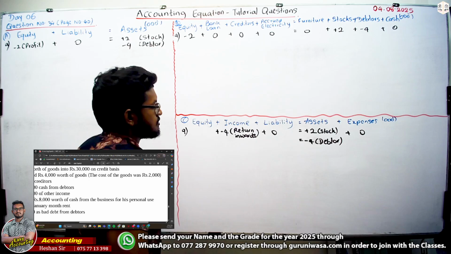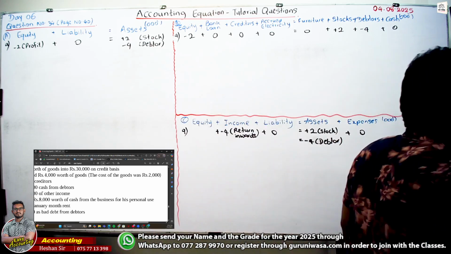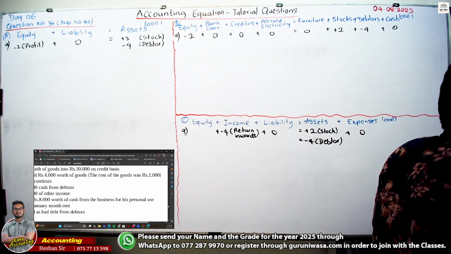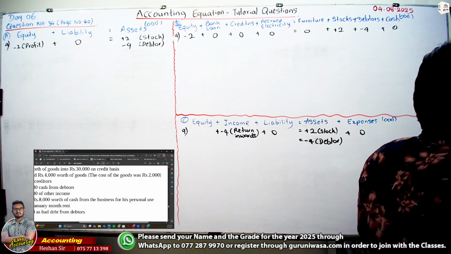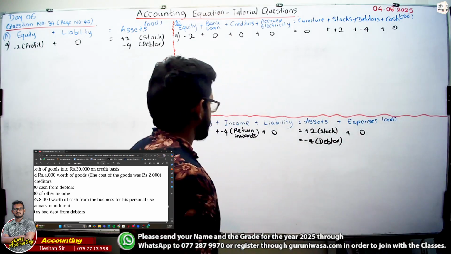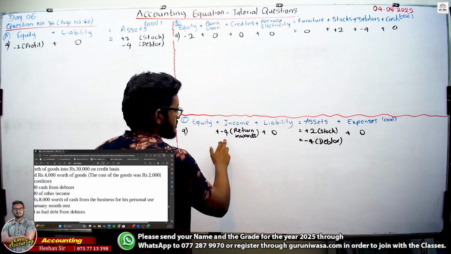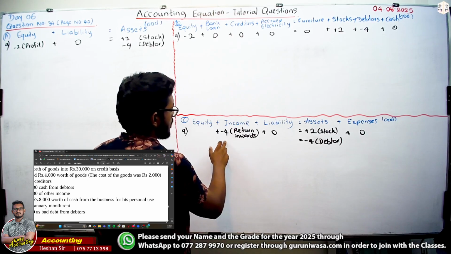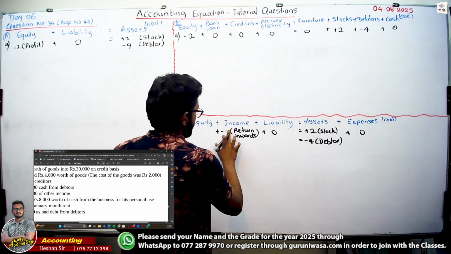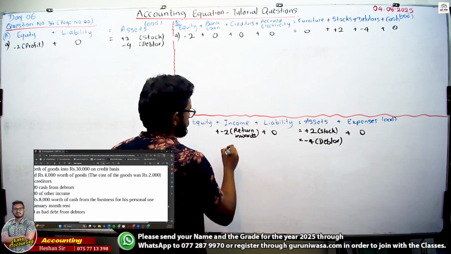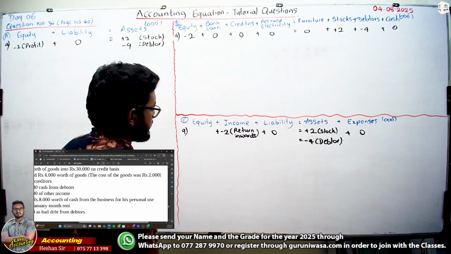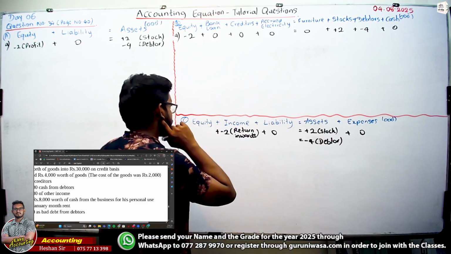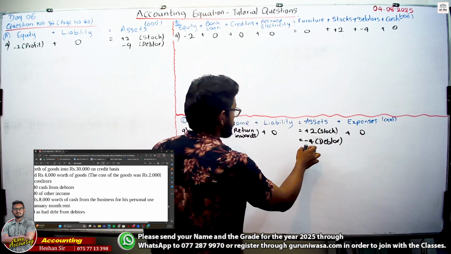Excuse me, sir, can't we deduct 2 from income? Just 2? If we deduct just 2 from income again, no, our sales value is 4,000.